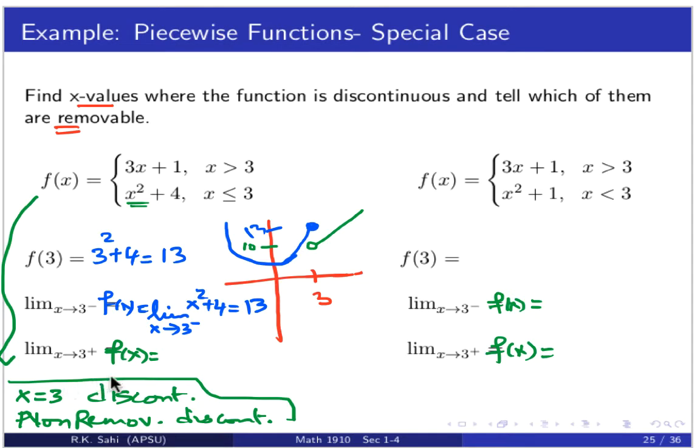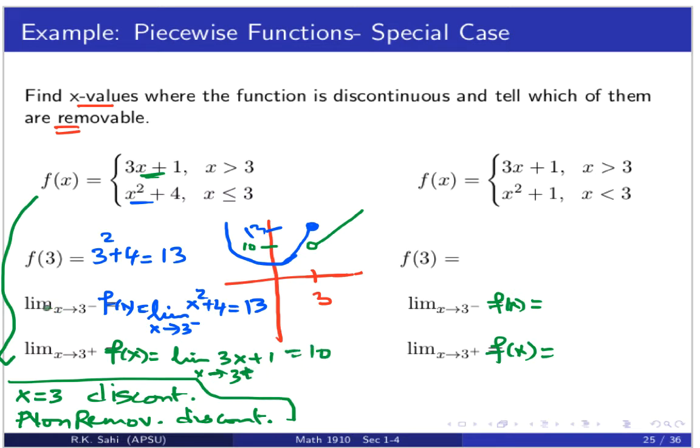Okay, now let's look at the right-hand limit, that is the limit as x approaches 3 positive of the function f(x). Now that means we're going to look at the top function value. So the limit of the function is going to be 3x plus 1 as x approaches 3 positive, which we already know the value is 10.